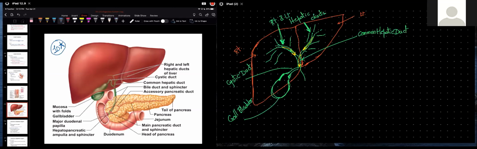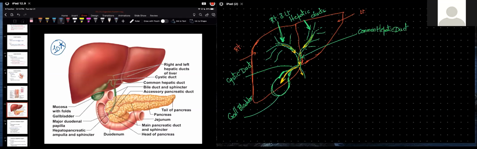You don't want to get rid of all this bile directly into the small intestine. You would rather get it stored and concentrated until food reaches your small intestine.